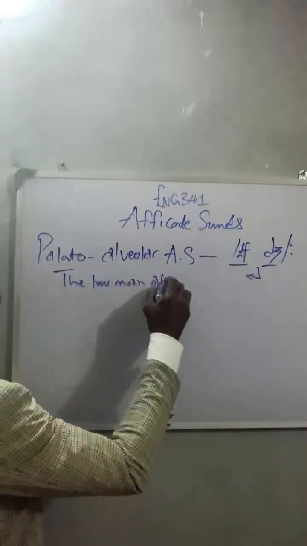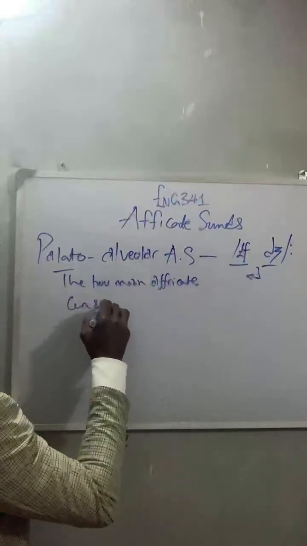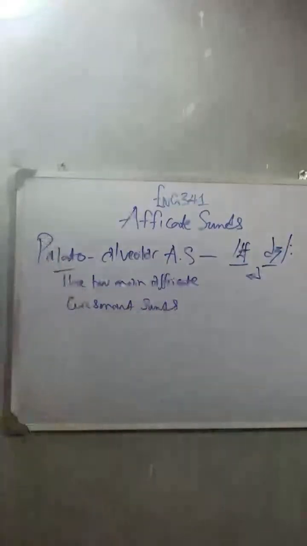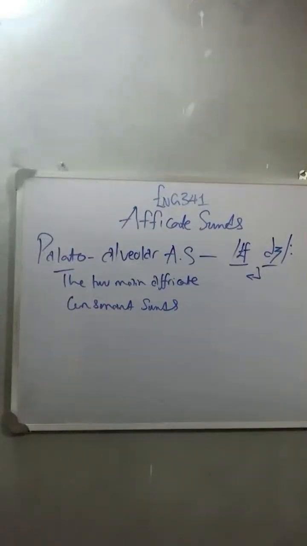They are referred to as the two main affricate consonant sounds. Now we have the first pair, which is a combination of voiceless and fortis.